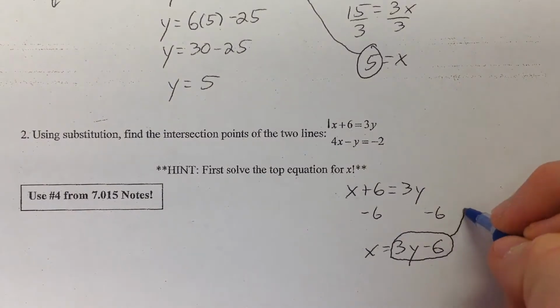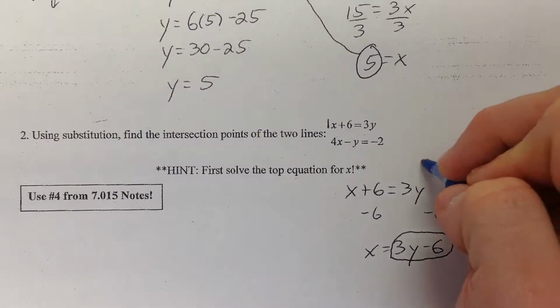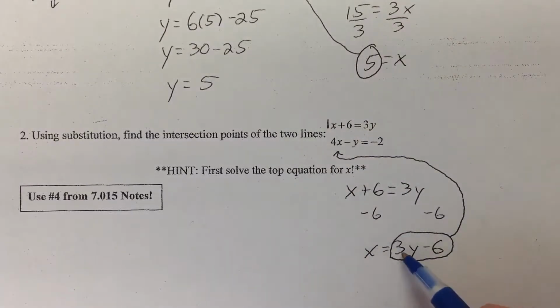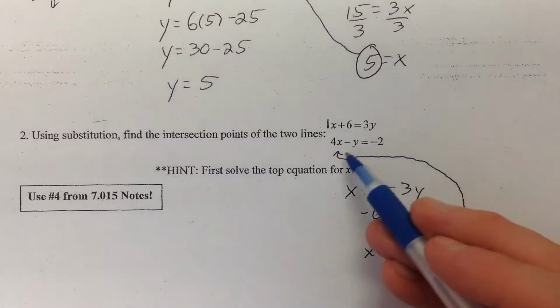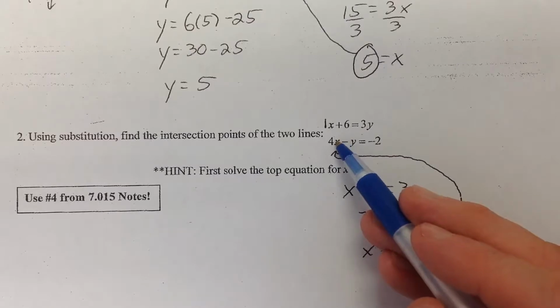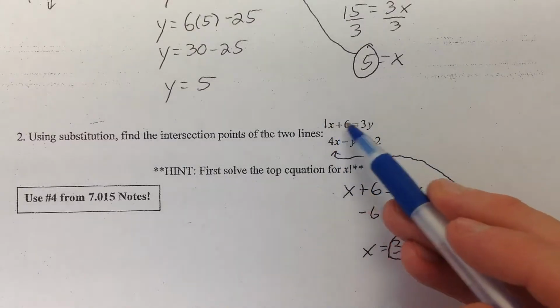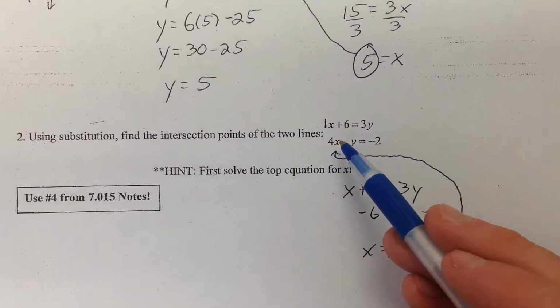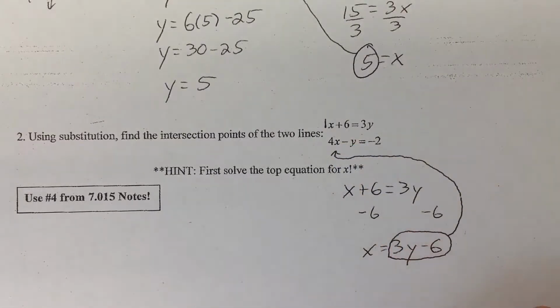And we're going to be able to plug it into this top equation for the x. All right? X is equal to 3y minus 6. So up top here, we can plug it in for x. We don't ever plug it back into the equation we started with. We plug it into the other equation. So it's going to go right in there for the x.